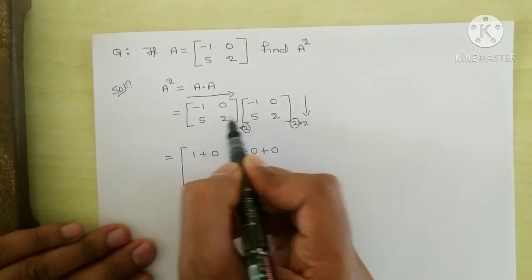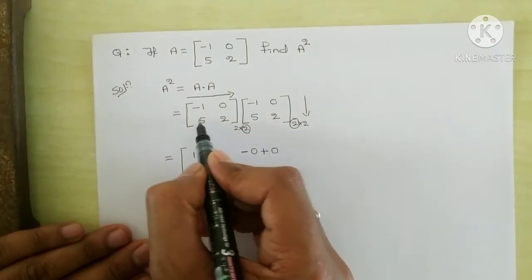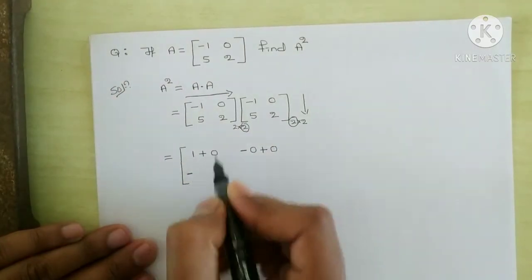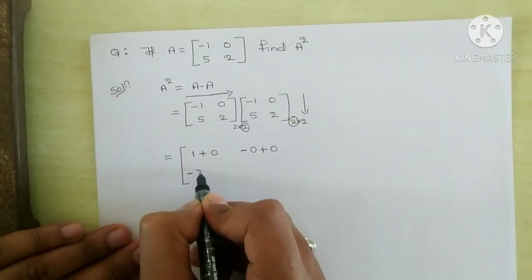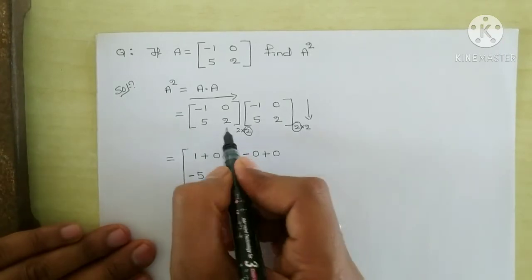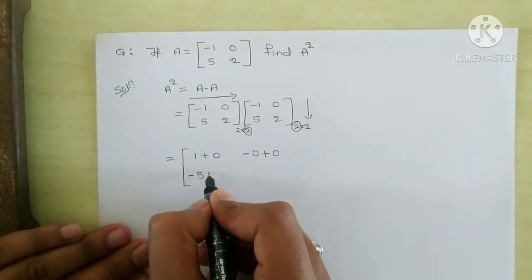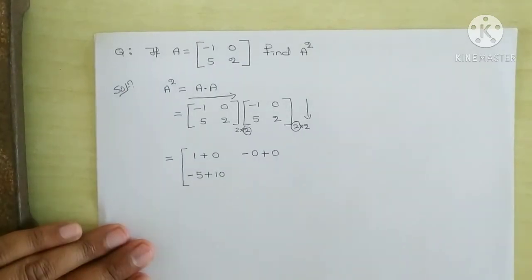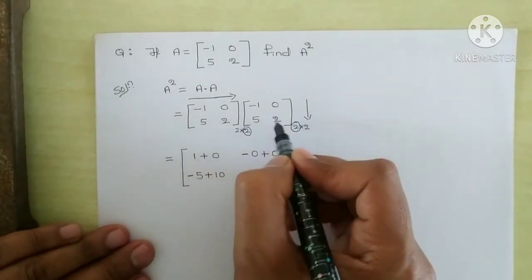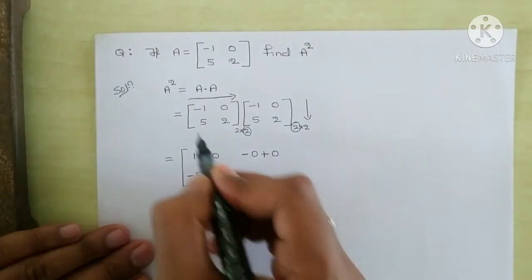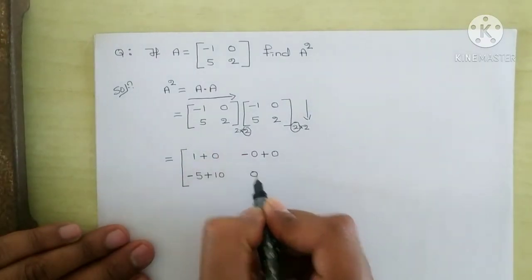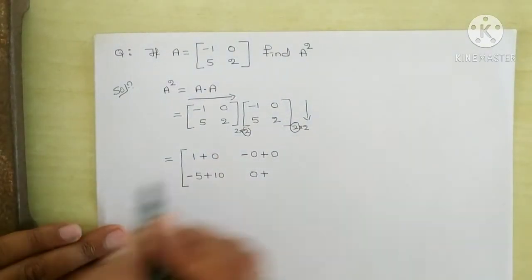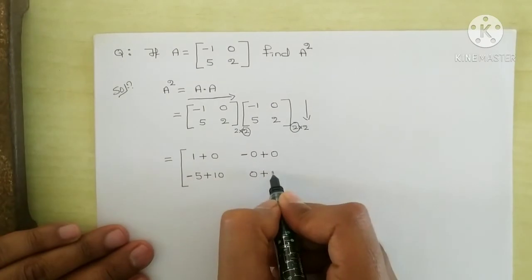Next, second row, first column: plus into minus is minus, 5 into 1 is 5. Middle always with sign, plus 5 into 2 is 10. Next, second row, second column: plus into plus is plus, 5 into 0 is 0, middle again plus sign, 2 into 2 is 4.